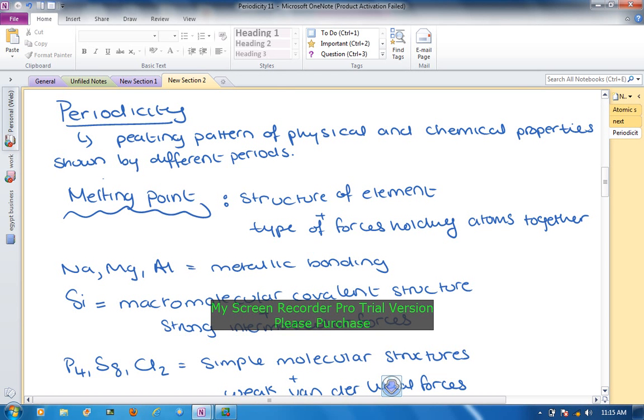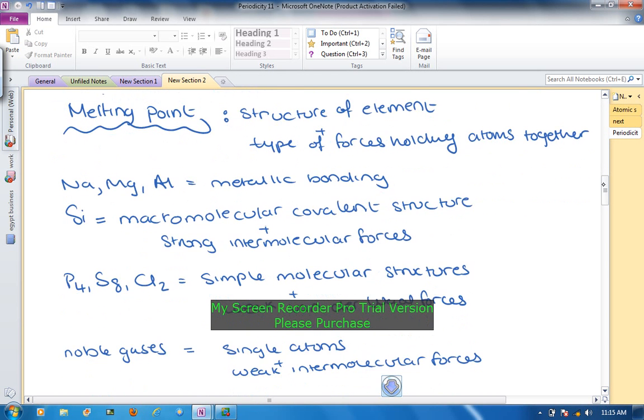Okay, so to start off, we're going to talk about melting point. Melting point depends on two things: the structure of the element and the type of intermolecular forces holding the atom together. Across period 3, Na, Mg, and Al are metallically bonded. The metallic bond increases in strength as the number of valence electrons increase.